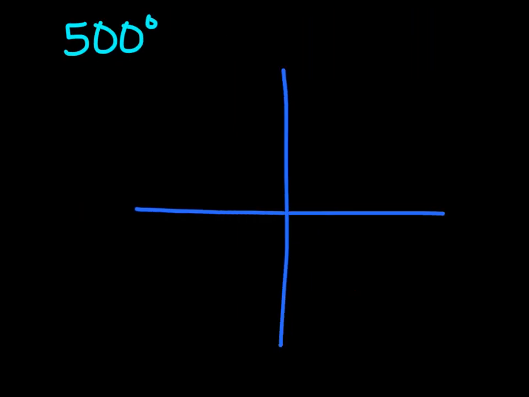So, how would you draw something that was 500 degrees? We would start at the origin, initial side on the x-axis, and then we would draw a full rotation around, like a snail kind of, because that's 360 degrees. And then if I needed to go all the way to 500, well, let's see, what is 500 minus 360?